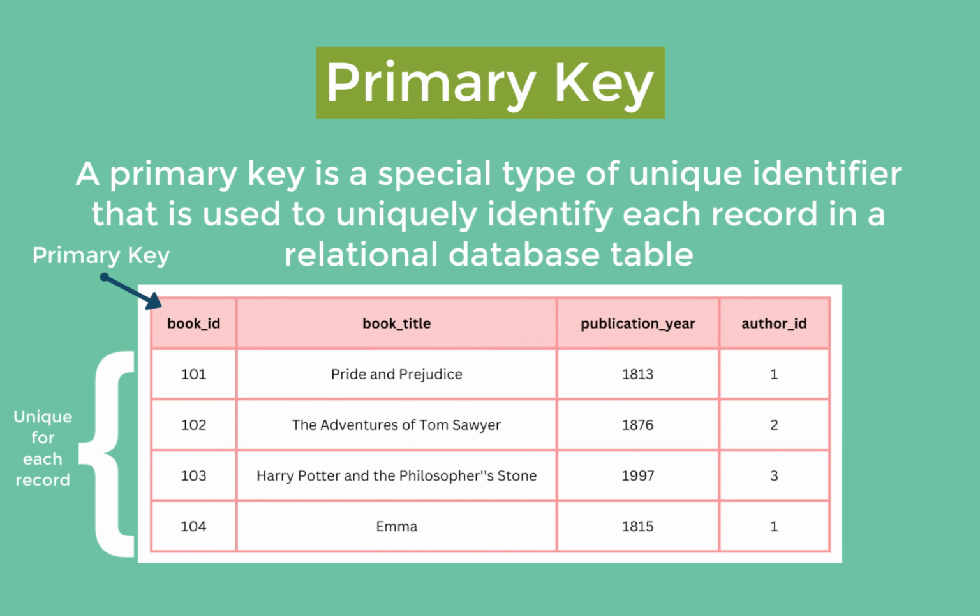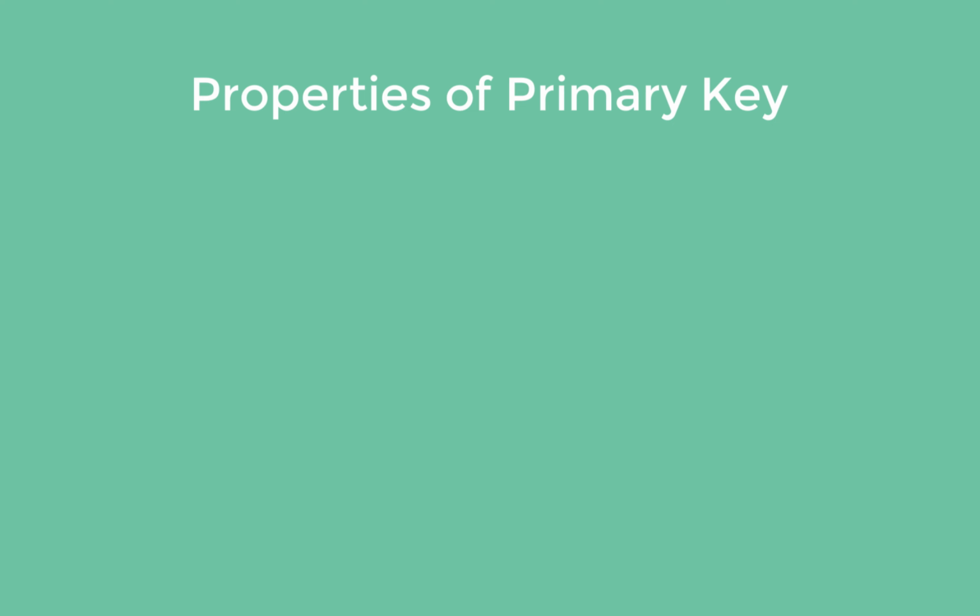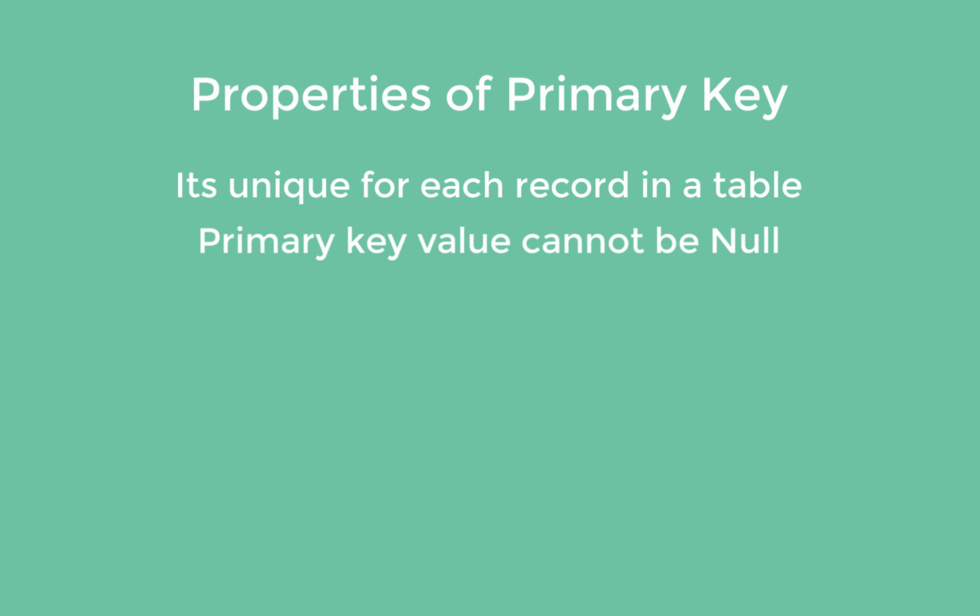Okay, so there are a few properties of a primary key. The first one we have already discussed, which is uniqueness, which helps to identify records uniquely in a table. The second one is not-nullability. Primary key values cannot be null. It means that every record in a table must have a valid and non-null primary key value.